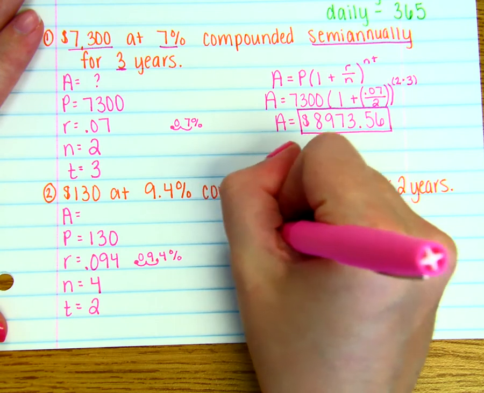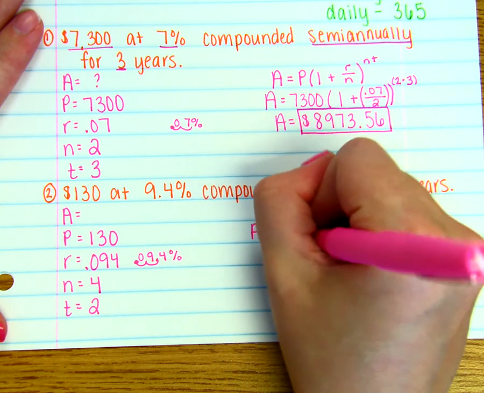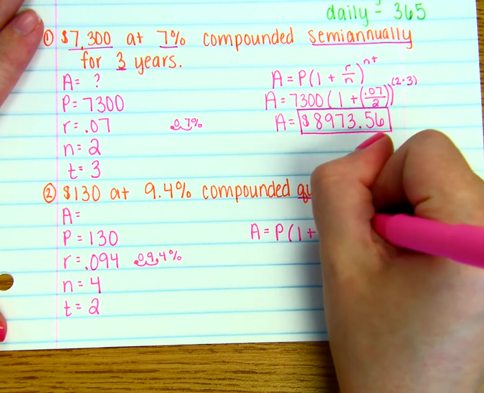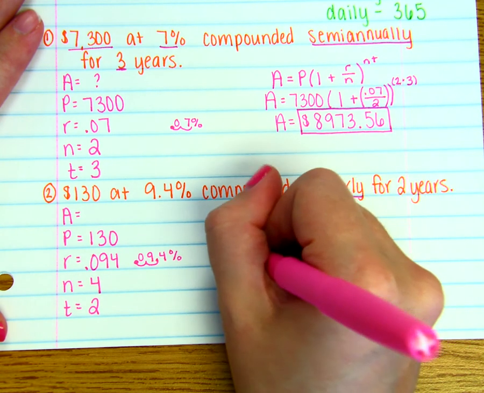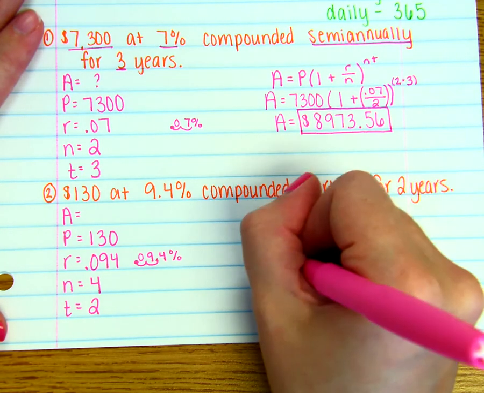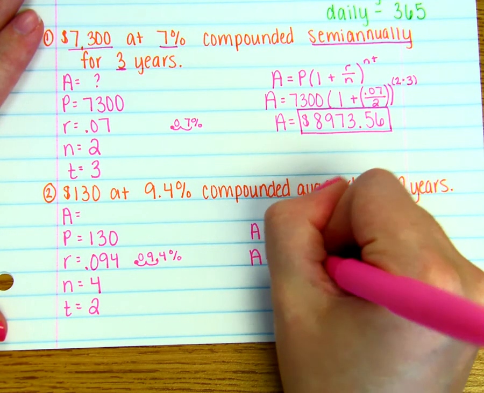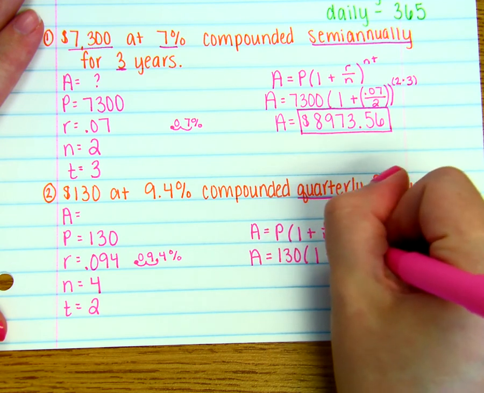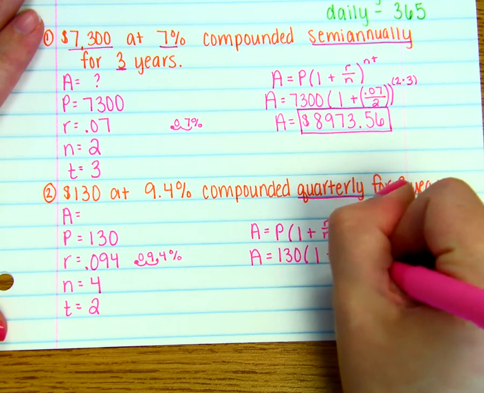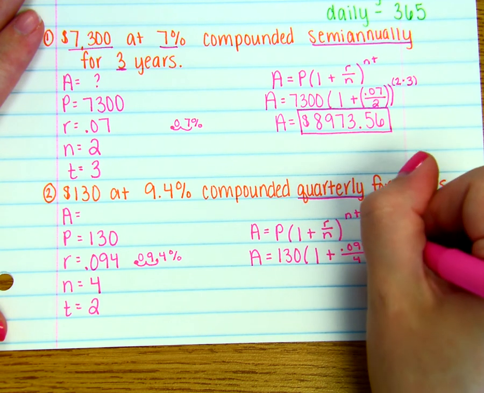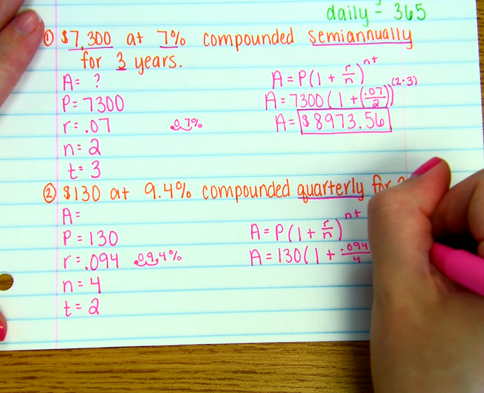So we write our formula first. Get into the habit of writing your formula first, especially on this one, because this formula has a lot more involved with it. This one might be a little bit more challenging to memorize. So we plug in our information: 130, 1 plus our R value of 0.094 over our N value of 4, to the 4 times 2 power.